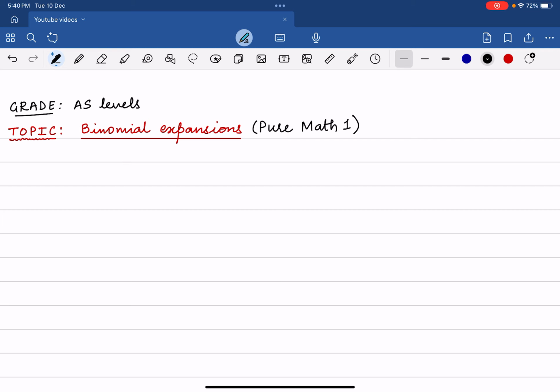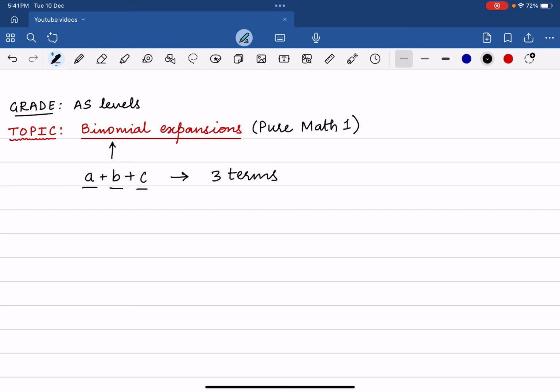When we talk about binomial expansion, let's break down the word binomial first of all. What is a binomial? I think at AS levels, a lot of us would be aware, but just giving a brief idea about this. Whenever you look at algebraic expressions, this is an algebraic expression and the number of terms here are 3.